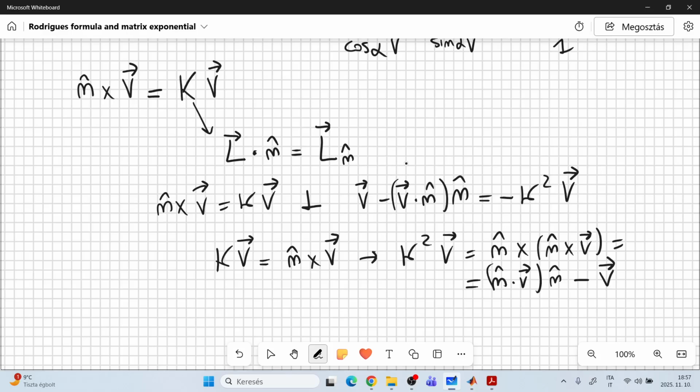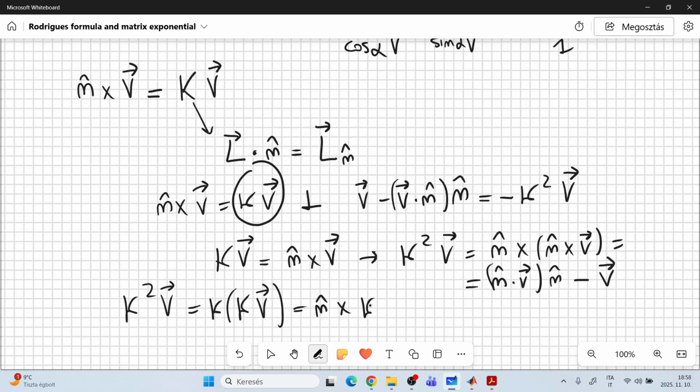And now we can see quite easily that this vector is perpendicular to this vector here. That's due to the fact that k squared v can be written as k applied to kv. But when we apply k, we create a cross product with the vector n.